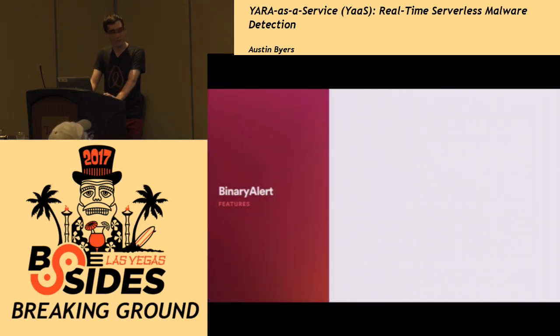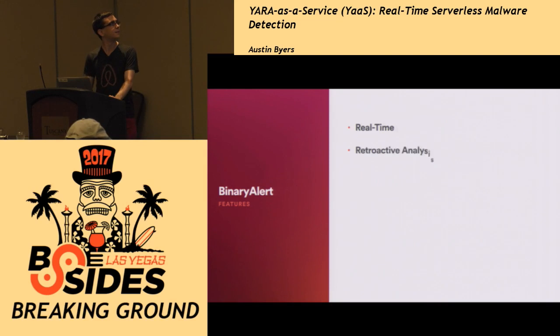So some of the features, we've kind of talked about this in the idea, but real time, again, in our deployment, alerts actually fire within 1 to 2 minutes usually of binary discovery, which is pretty amazing. So someone downloads malware on their laptop and we'll get an alert within 1 to 2 minutes. Retroactive analysis: every time you change the YARA rule set and you deploy, it will automatically reanalyze the entire corpus of binaries to see if anything new triggered.